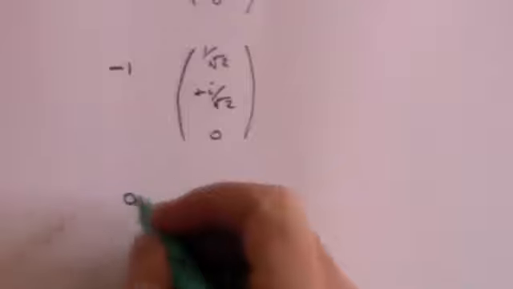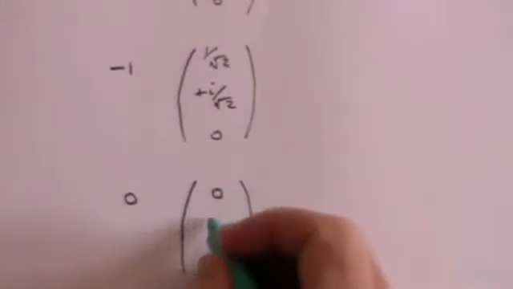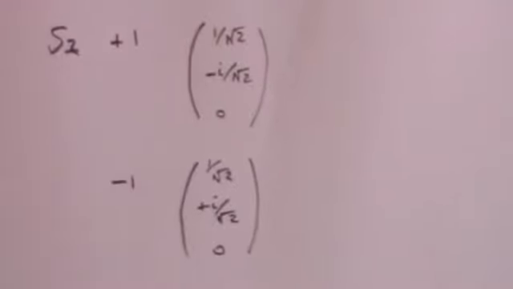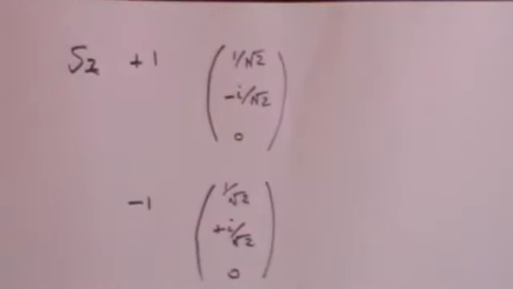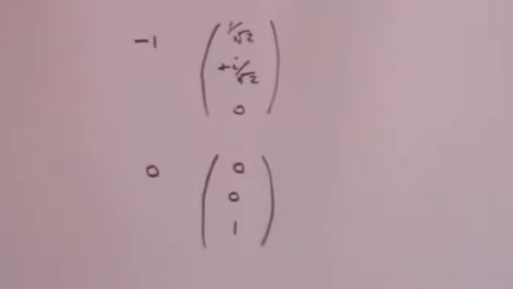And if you wanted the eigenvalue 0, which is the third possible spin state, then the eigenvector would be 0, 0 and 1. So those are your three eigenvectors for your three separate eigenvalues +1, -1 and 0, all associated with the Sz measurable or operator. And you'd need to do the same calculation again for Sx and Sy.